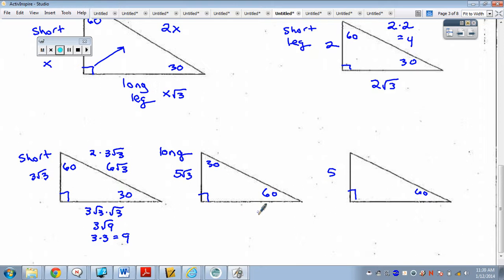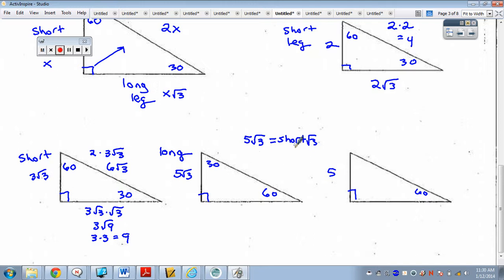It's easy when you have the short leg, because you multiply by root 3 to get this, and then multiply by 2 to get the hypotenuse. So what you need to do is take the long leg and work backwards to figure out what your short leg is, so then you can multiply by 2 to get the hypotenuse. Your long leg is 5 root 3, and that is equal to the short leg times root 3.